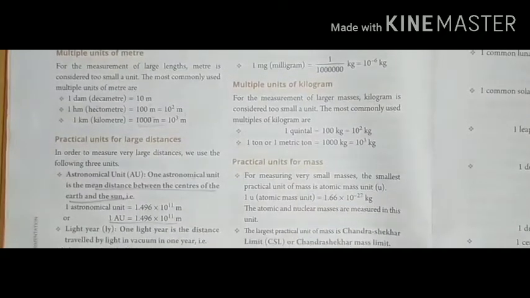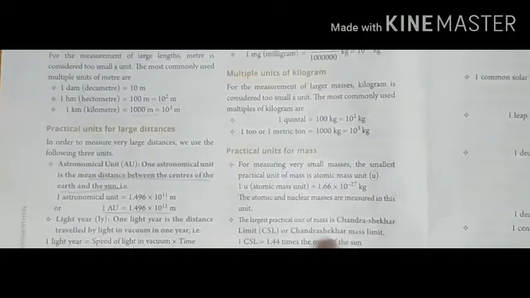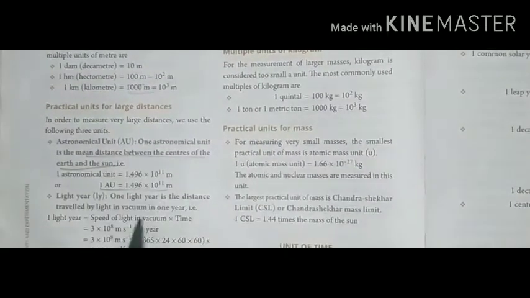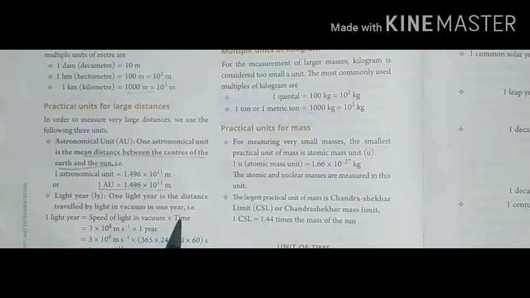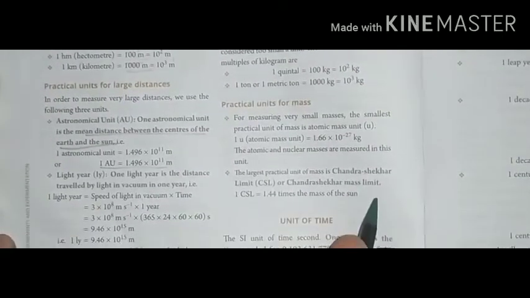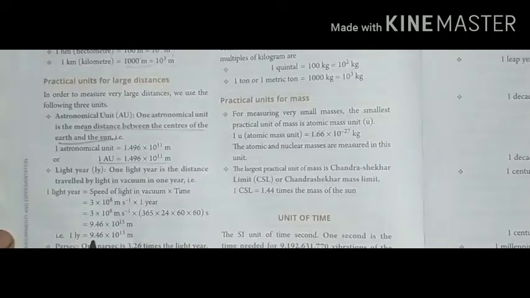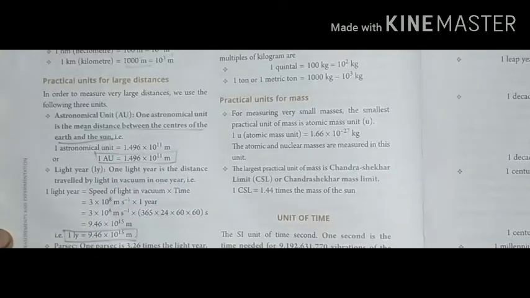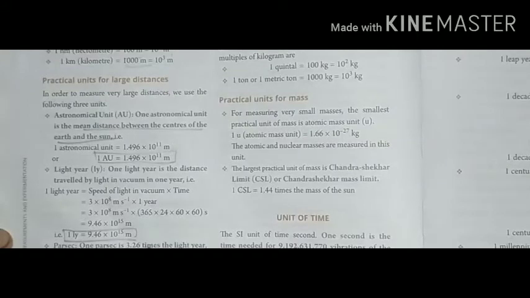Light year. 1 light year is the distance traveled by light in vacuum in 1 year. That is 1 light year equals speed of light in vacuum into time, 9.46 into 10 raised to 15 meter. So remember this one. 1 parsec is 3.26 times the light year.